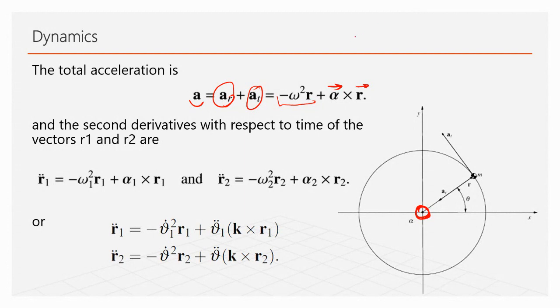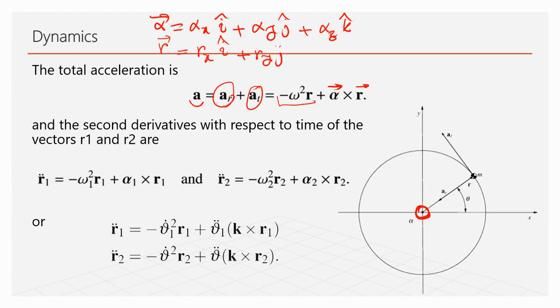If your alpha is alpha x i plus alpha y j plus alpha z k, and your r is r x i plus r y j plus r z k. These are three-dimensional vectors, right? Our case is two-dimensional, I understand that, but I want to write it in three dimensions in case you need it.